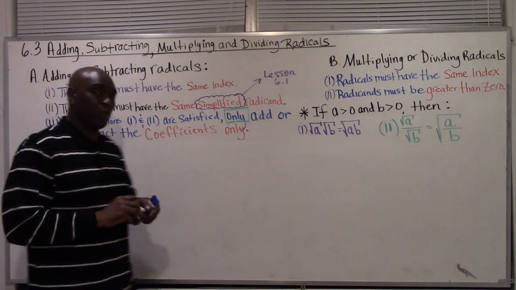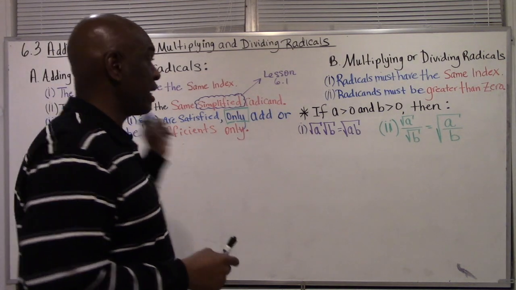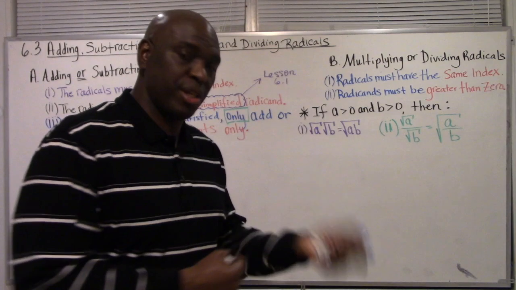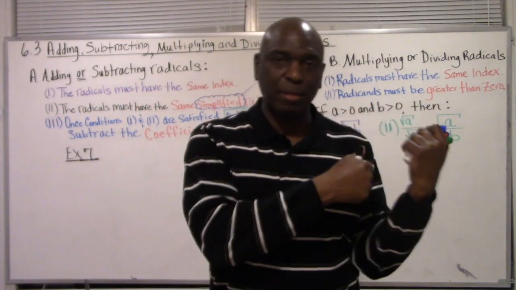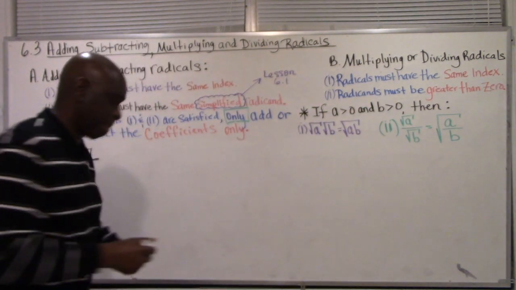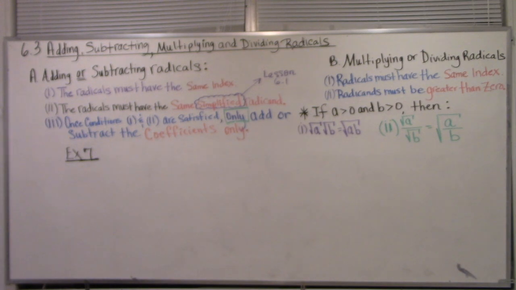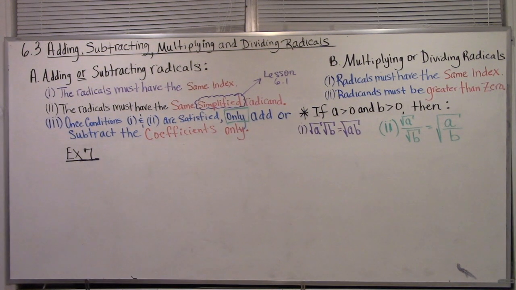All right, it's the last one we're going to do that deals with adding and subtracting, and then we're going to switch gears and go into dividing and multiplying. So the last one for adding and subtracting.